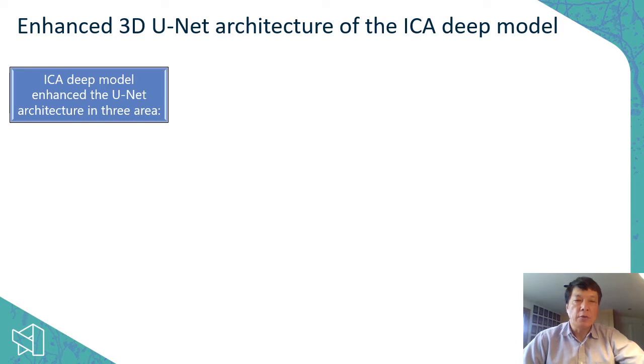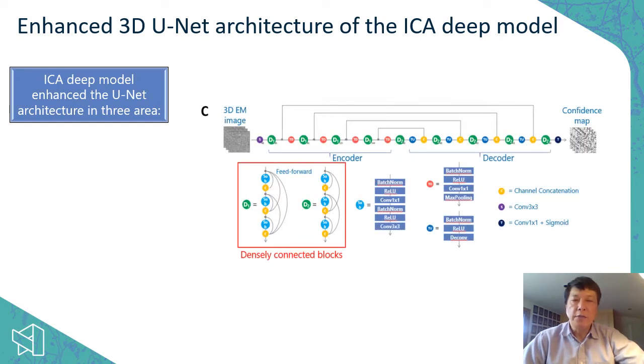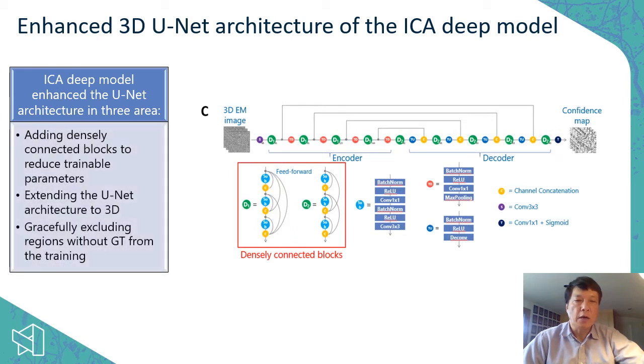ICA Deep Model is an enhanced UNet architecture. We enhance the architecture in three areas. One, we add densely connected blocks to reduce trainable parameters. Two, we extend the UNet architecture to 3D. And three, we gracefully exclude regions without ground truth from the training.